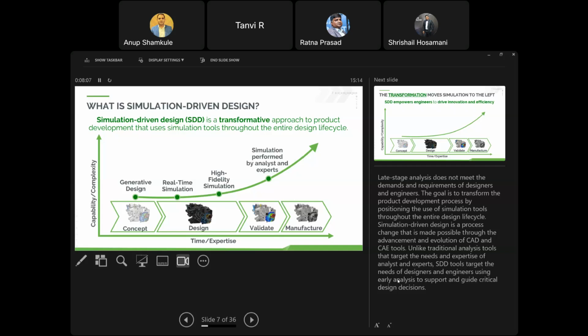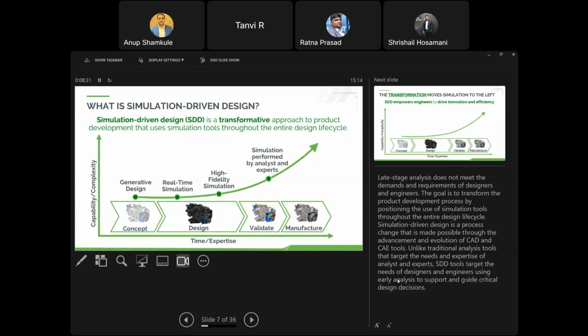So that process is also there, but what we are trying to do here, when you are talking about simulation driven design, is employing simulation right at the concept level. Suppose I have 10 concepts created and there is only one analysis engineer.